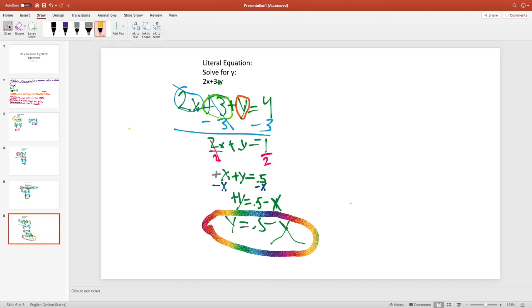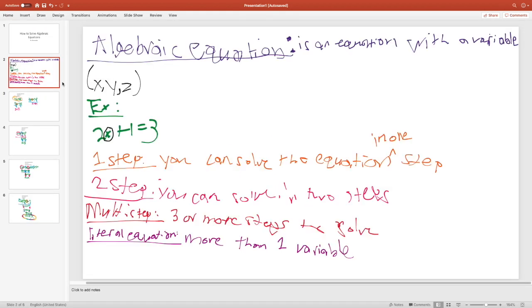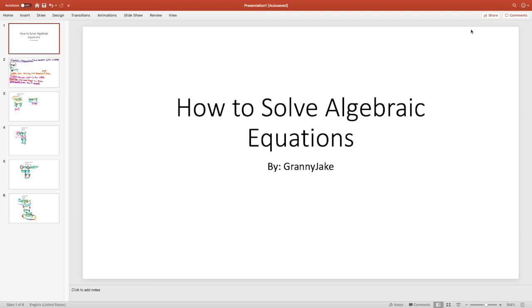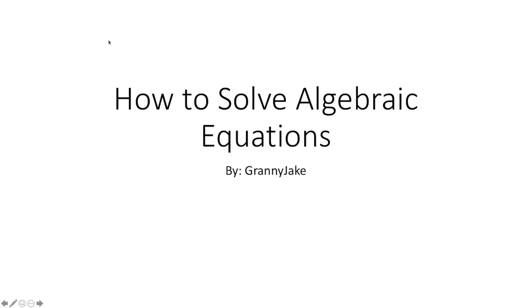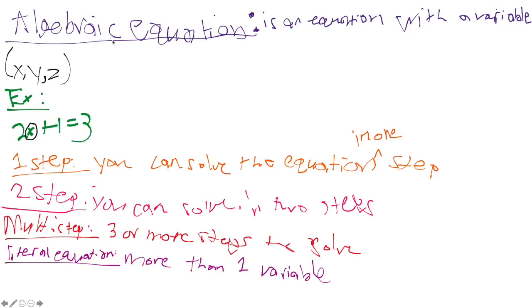So to recap, an algebraic equation is an equation with a variable, for example x, y, and z.